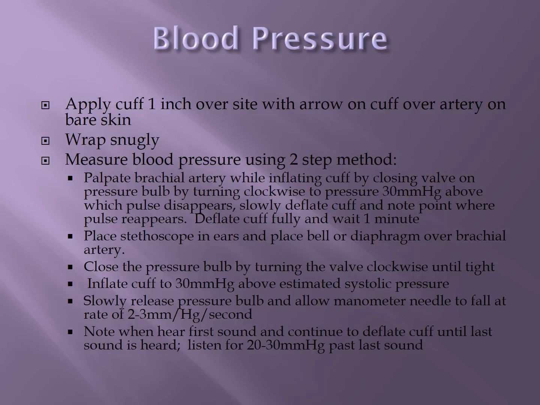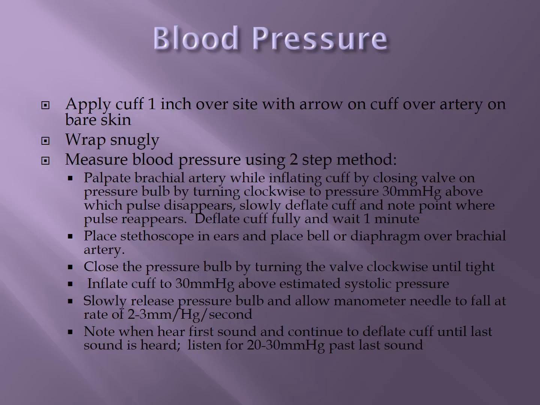If you open up that valve and you release the air too quickly, you are not going to get an accurate systolic or diastolic pressure. Now, the first sound that you hear will indicate what the systolic pressure is.